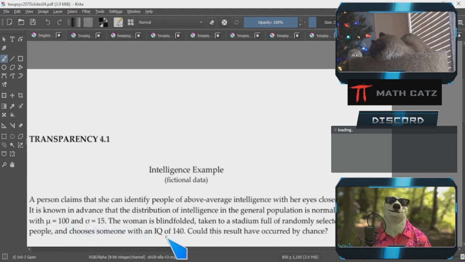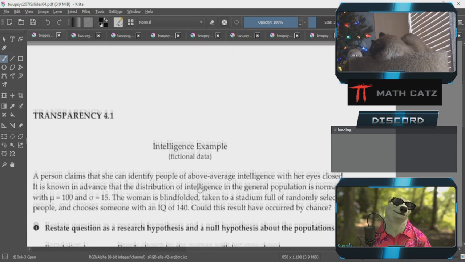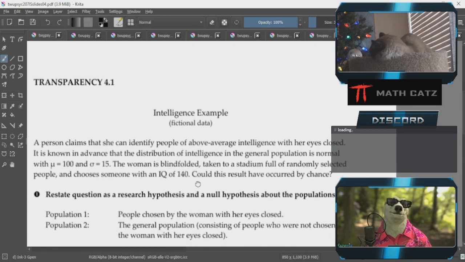She now picks from this stadium and selects someone of IQ 140. So what we can do is split this up into essentially two groups that we'll call two populations. Population 1, the people chosen by the woman with her eyes closed. Population 2, the general population, people she didn't select.